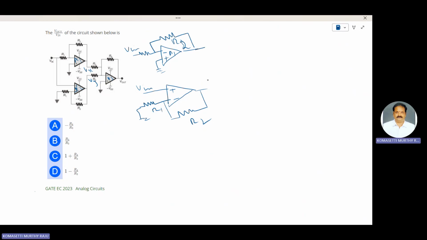These are the two outputs, Vx and Vy. This one is inverting mode, and this one is non-inverting mode.